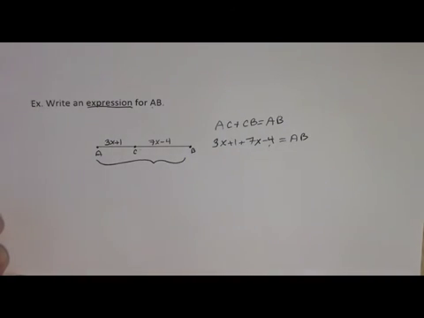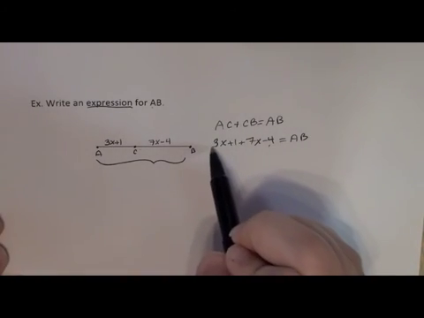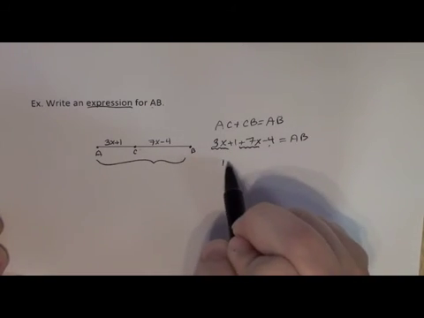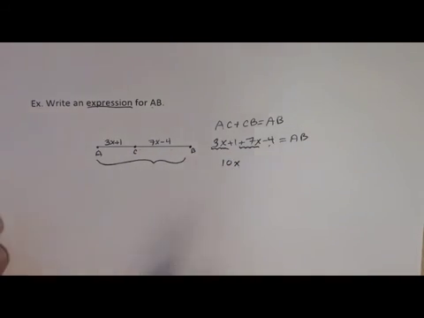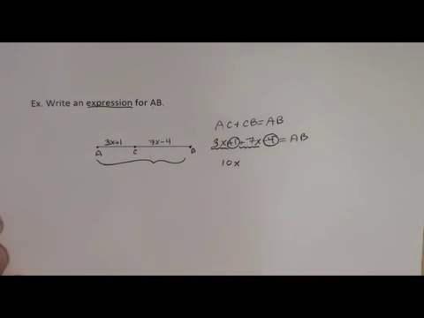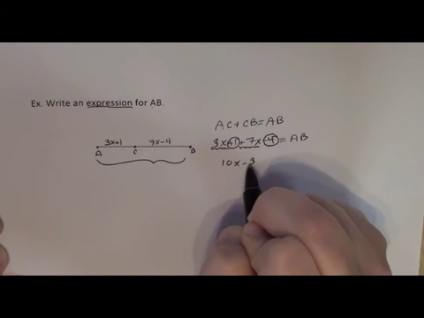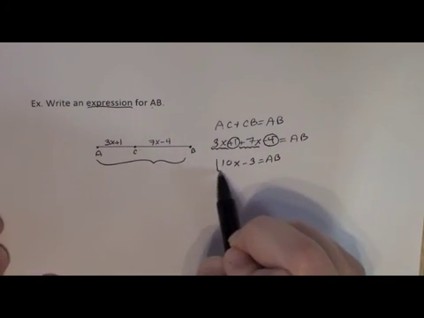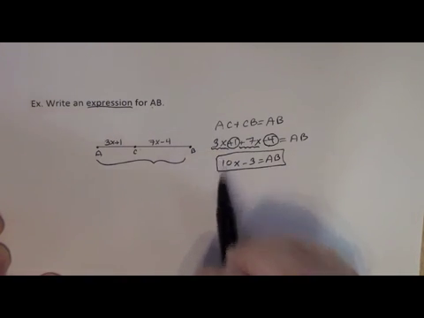And all we have to do now is simplify by combining like terms. So the 3x plus the 7x gives us 10x. The plus 1 and the minus 4 gives us minus 3. And we get our distance AB. 10x minus 3.